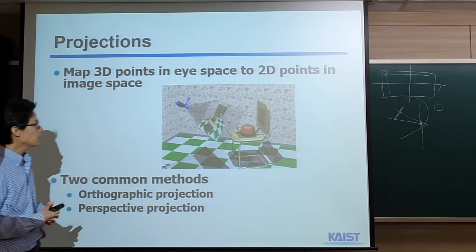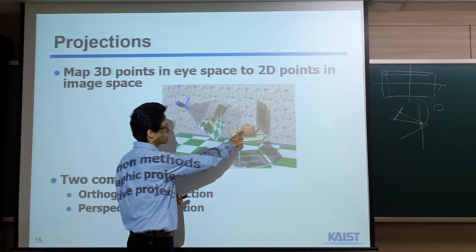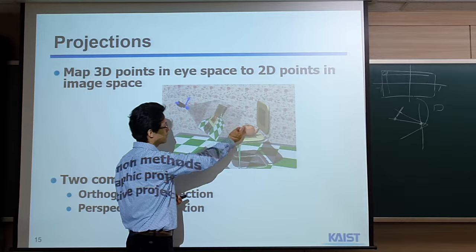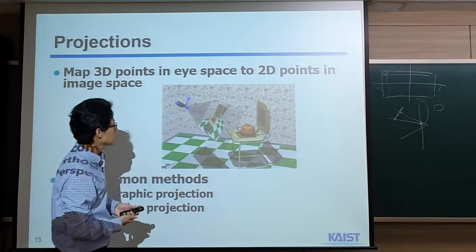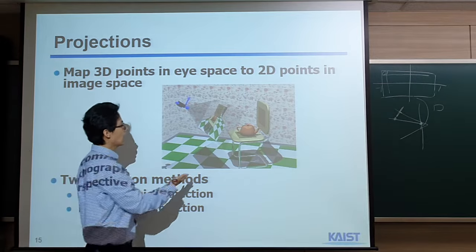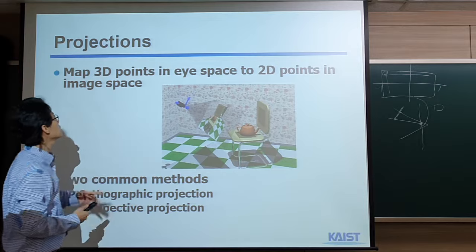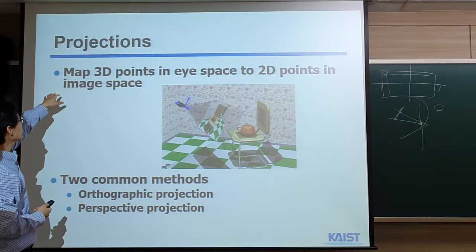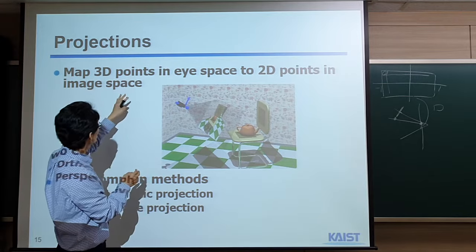Okay, so now we defined the coordinates of the object in the world space to the ones in the image space, right? But you can see that ideally our image space is 2D, not 3D, so we need to do this projection. Projection is nothing but mapping the 3D point into 2D.